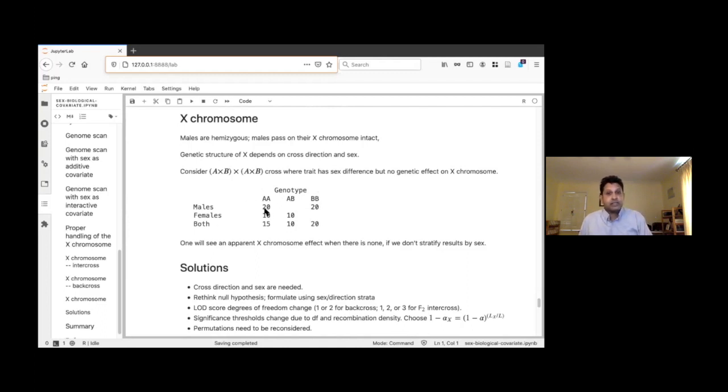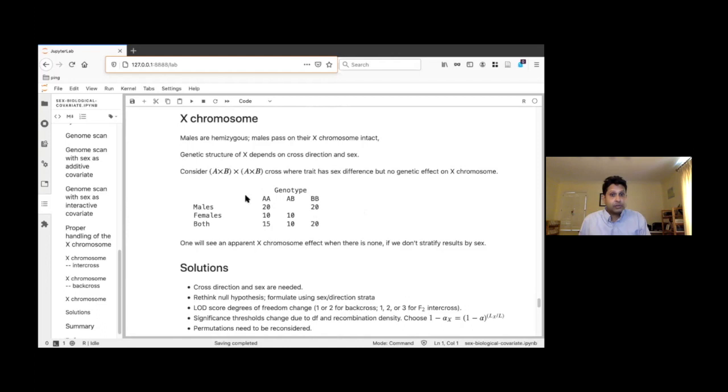The trait is basically 20 for each of these genotypes, so there is actually no genetic difference. The females again have no difference by genotype, but they have a lower phenotype value, 10 and 10.